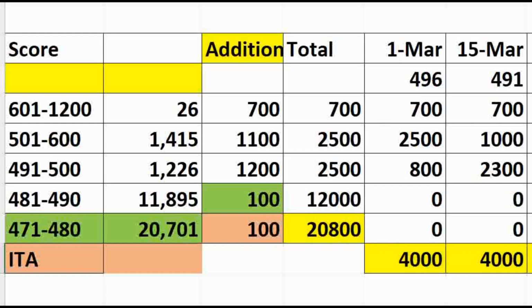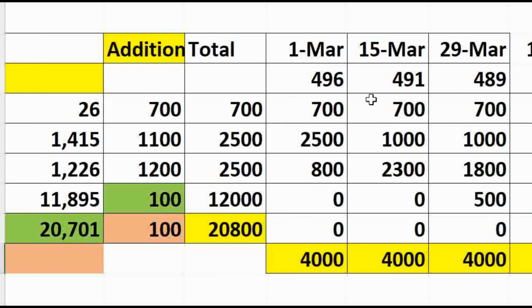So next we come to the 15th of March. After this the next draw will be on 15th of March. Here if we add 700 in this slab, 1000 in this slab, and as there were 2500 on 1st of March, and if 800 candidates are picked up, then there should be 1700 plus 1200 more additions during this time, 1st March to 15th March.